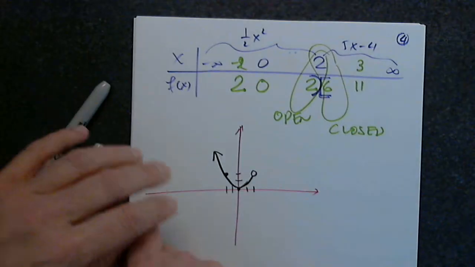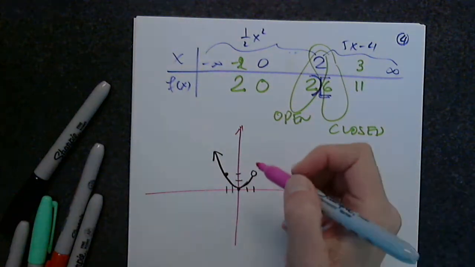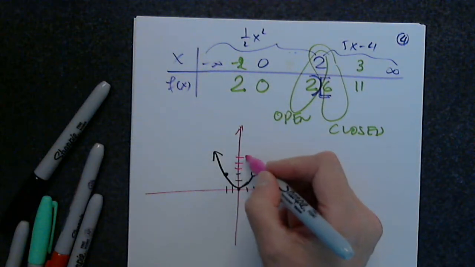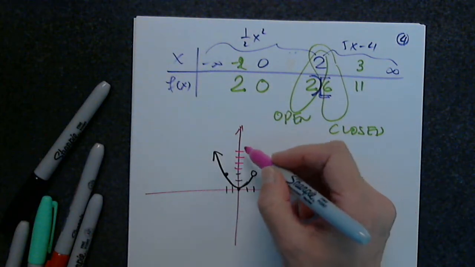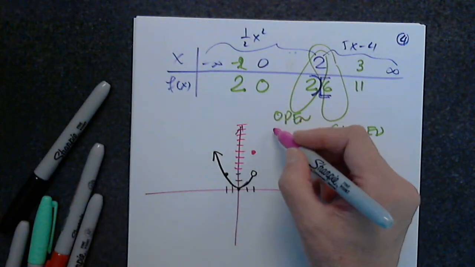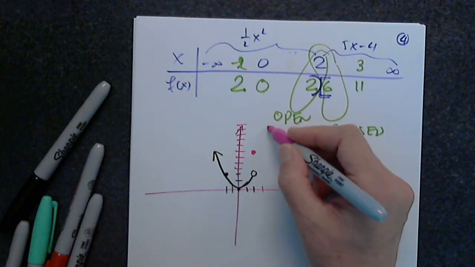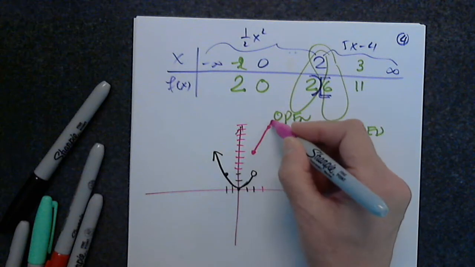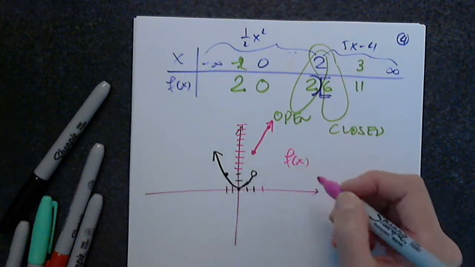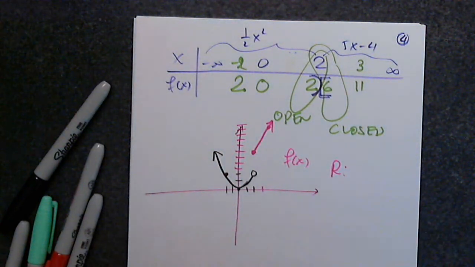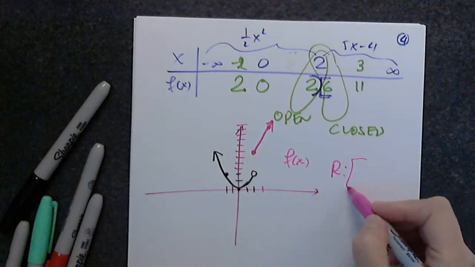On the other side, I started 2, 6. 3, 4, 5, 6. 7, 8, 9, 10, 11. And this is function f of x, and when you're ready, I like to get the range. Bracket 0 to infinity. Excellent. Thank you very much.